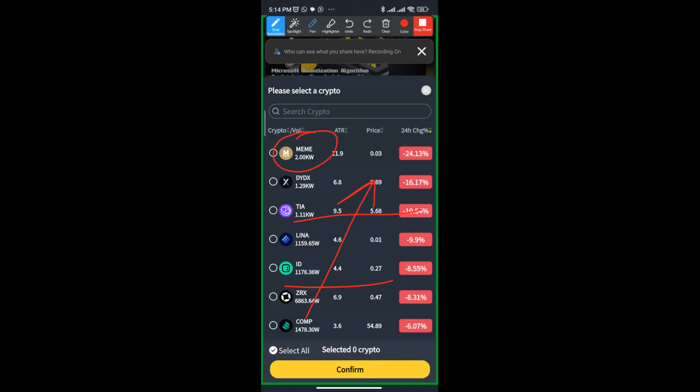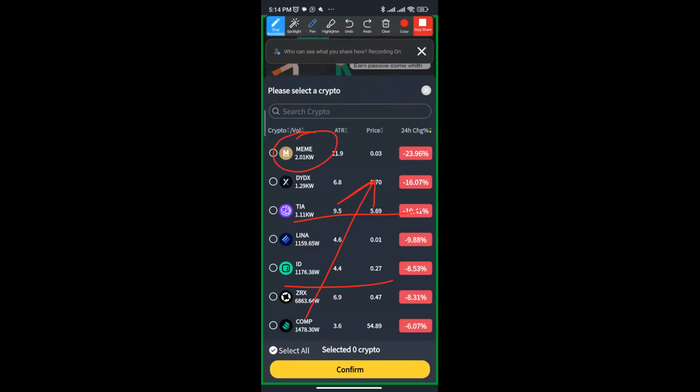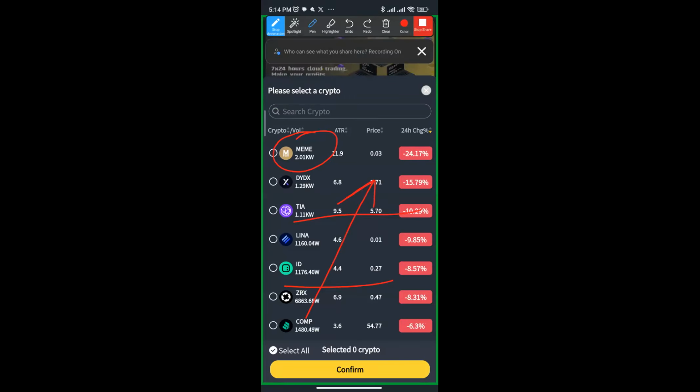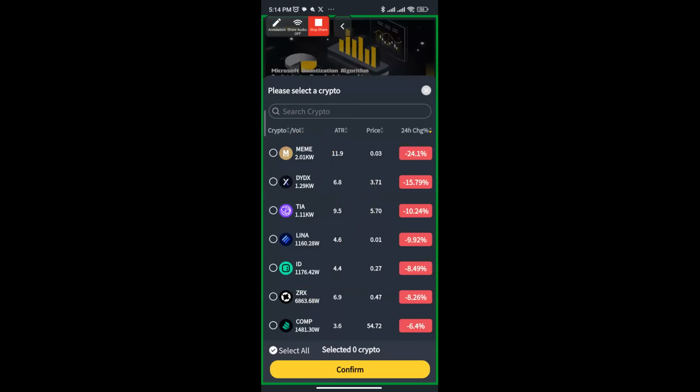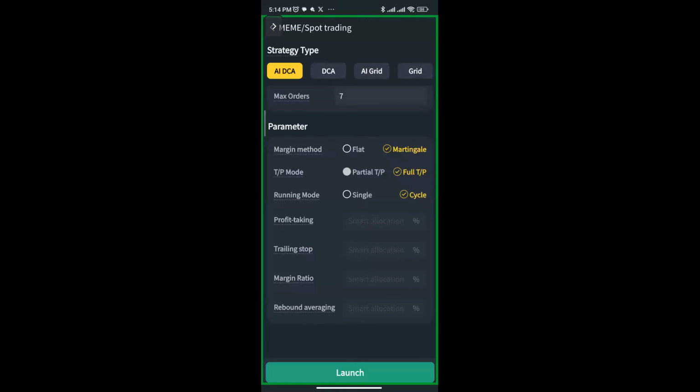So this is the second system, trading from the robot's dashboard using the semi-auto system, using the 24 hours percentage change. So what will I want to do here? I have my $100. So I just come here, I tap on this meme coin, and I tap on confirm.